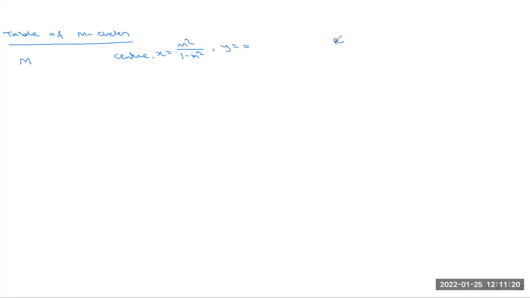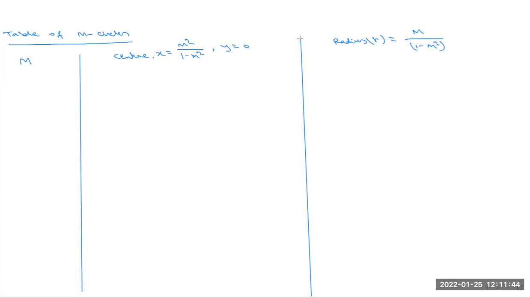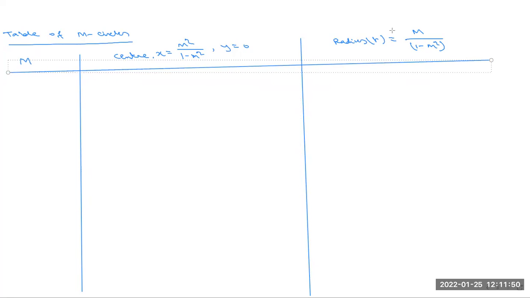Another one, the radius, which is expressed as small r, equal to m by 1 minus m square. So everyone draw these tables. This is very important when you put in the values of the M circles. This is the basic pattern of the table.